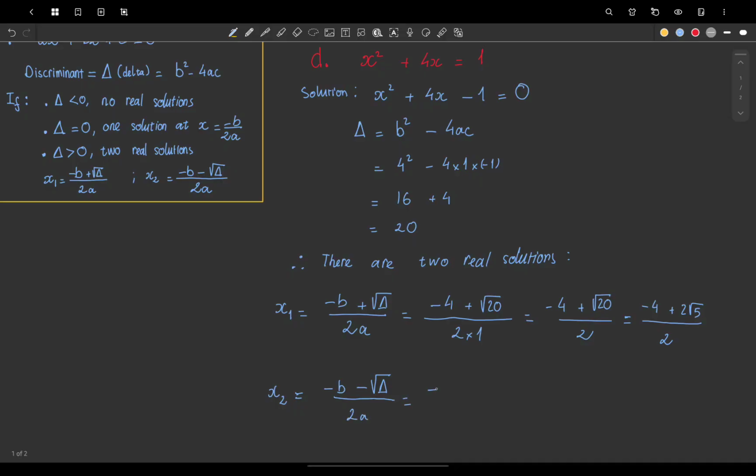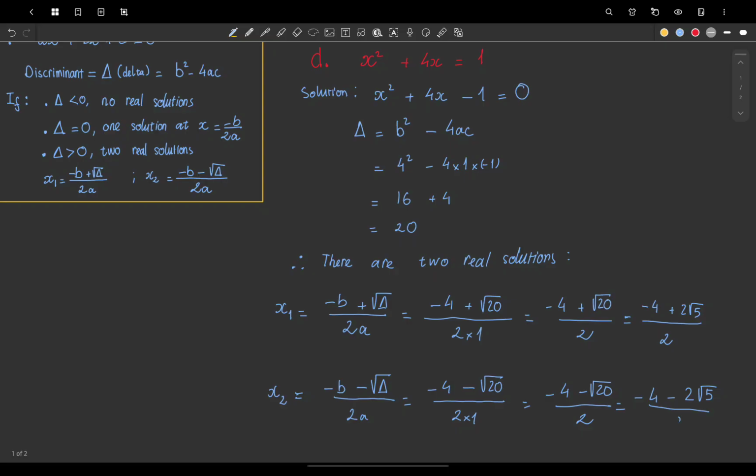Same thing happens here. We got negative 4, but instead of a plus, we will have a minus the square root of 20, over 2 times 1, so negative 4 minus the square root of 20 over 2. Or we can go above and beyond and do negative 4 minus 2 root 5 over 2.